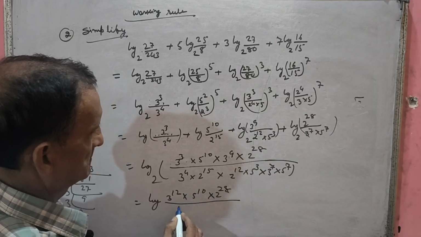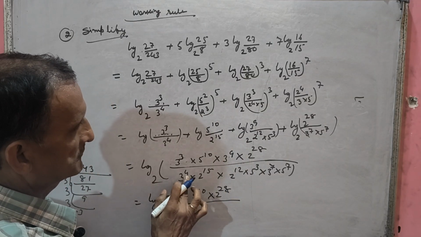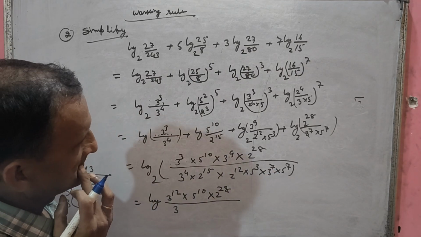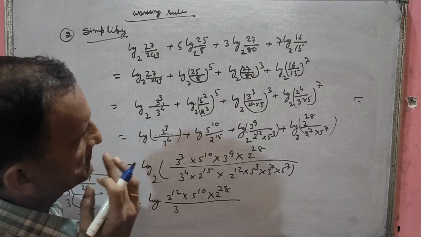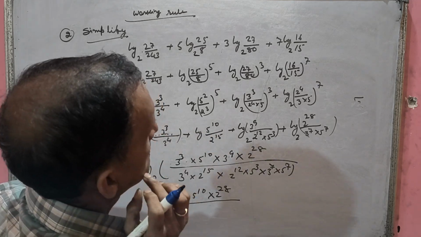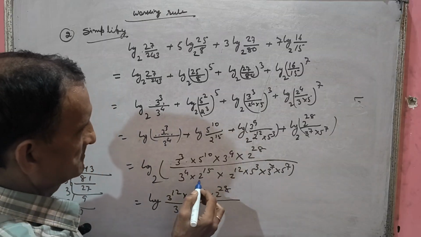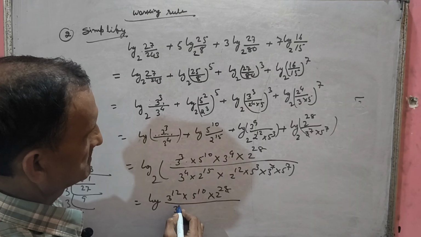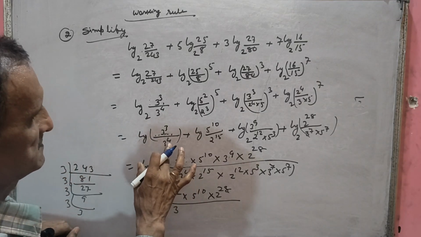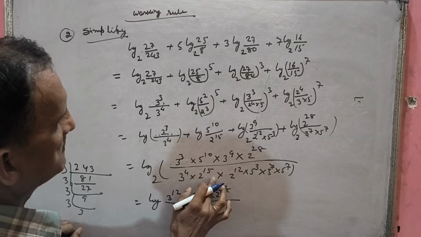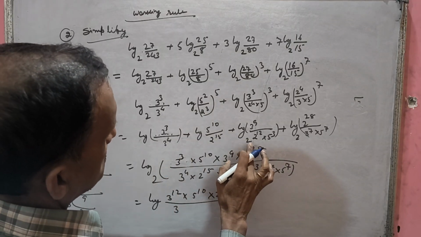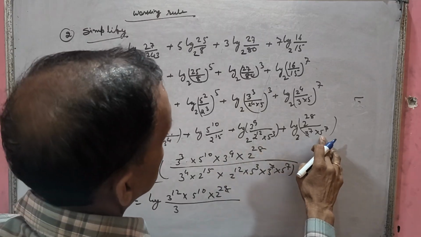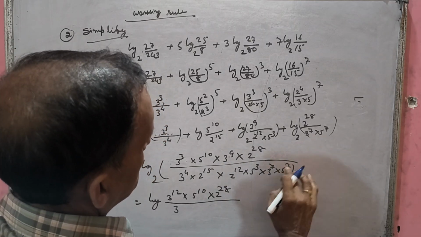Now what is the denominator? 3 to the power 4 here, 7 here. So 4 plus 7, how much will you get? This is 3 to the power 4, 2 to the power 15, 2 to the power 12 into 5 to the power 3, then 3 to the power 7 and 5 to the power 7.